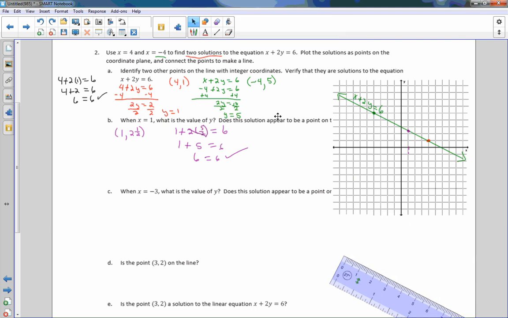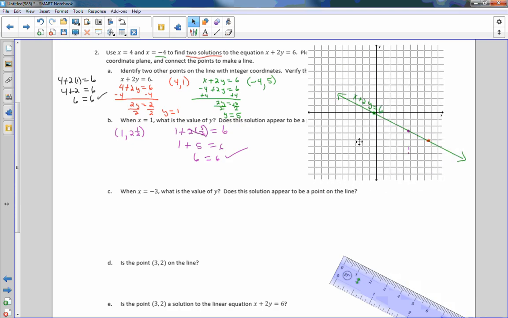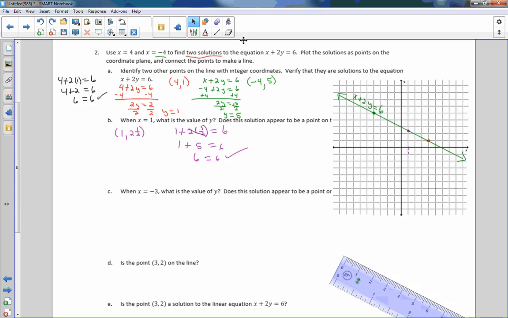Now it says, when x equals -3, what is the value of y? Does the solution appear to be a point on the line? Okay, so now they're asking us, when x equals -3, so that's going to be -3 plus 2y equals 6.